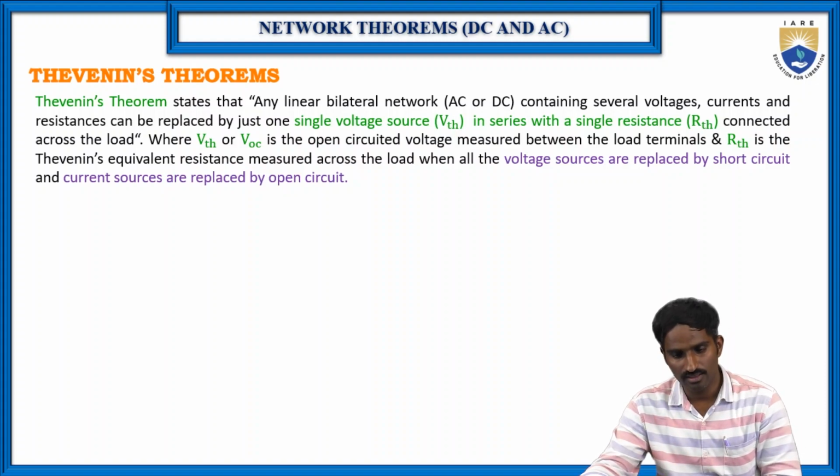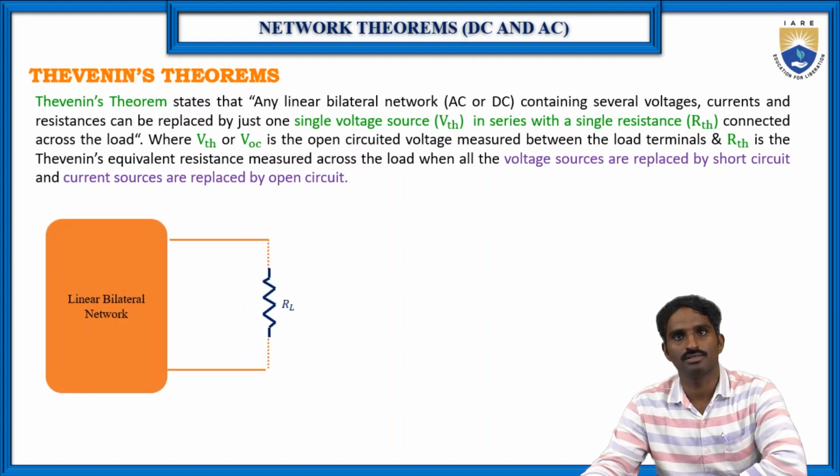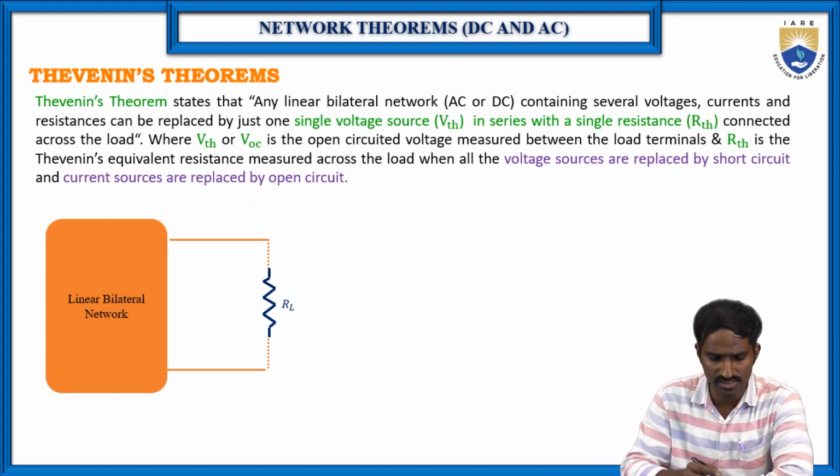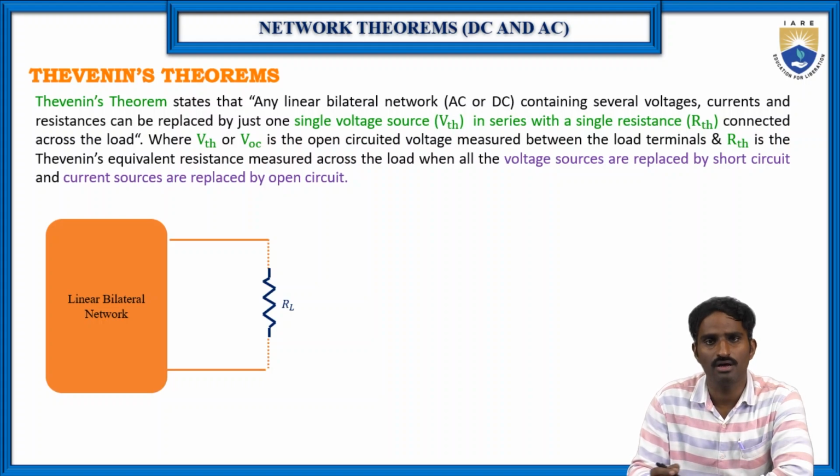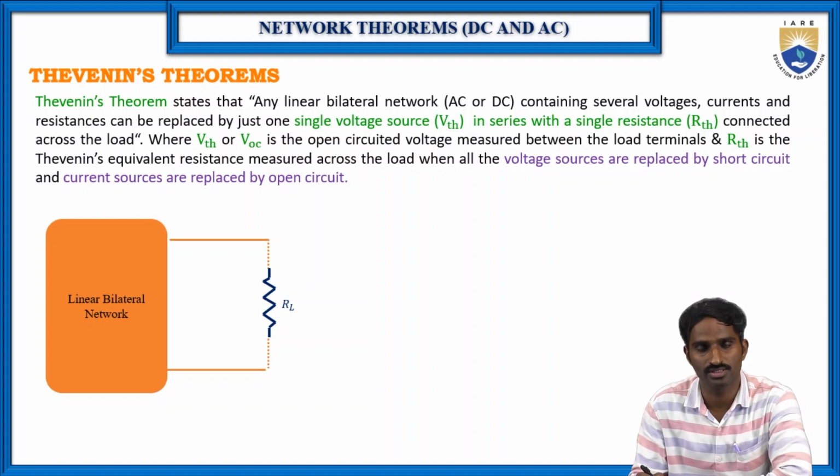Let us discuss this Thevenin's theorem in detail. Let us consider this is a linear bilateral network. Here RL is the load, which means we need to find the current flowing through this resistor. That's why we are considering it as the load resistance RL.